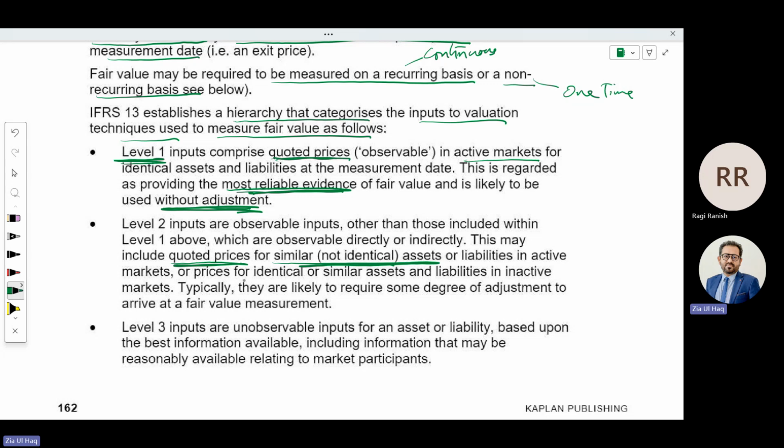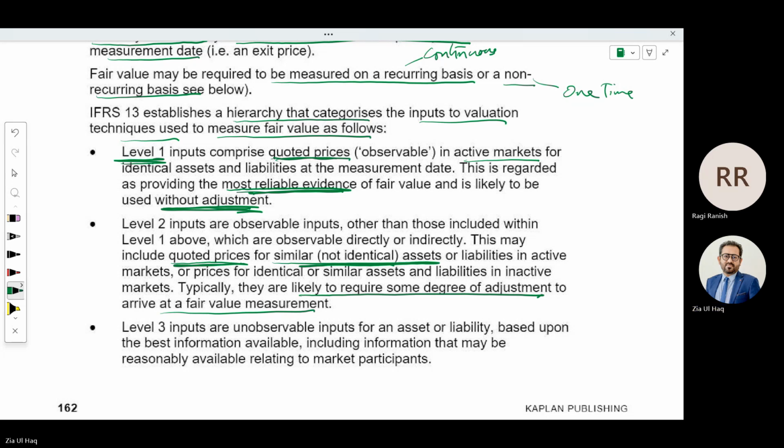from an active market. For identical or similar assets in an active market, typically they are likely to require some degree of adjustment to arrive at measuring fair value. In the level one method, quoted prices are more reliable, and no adjustment to the prices is required.